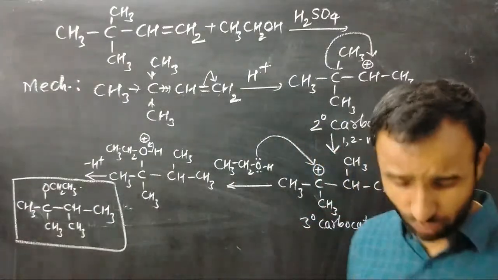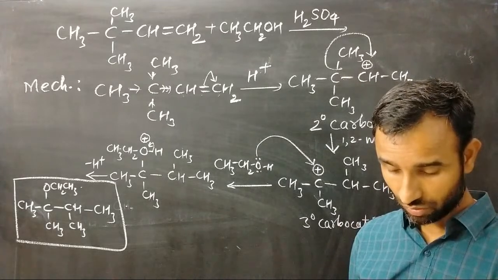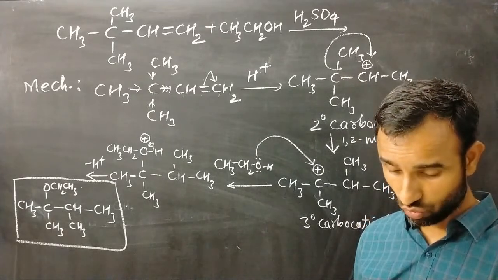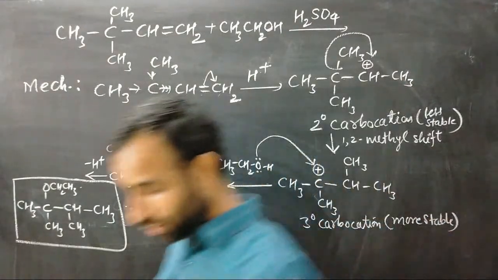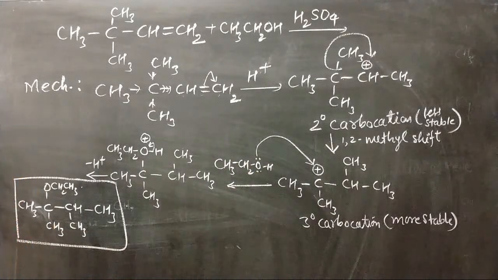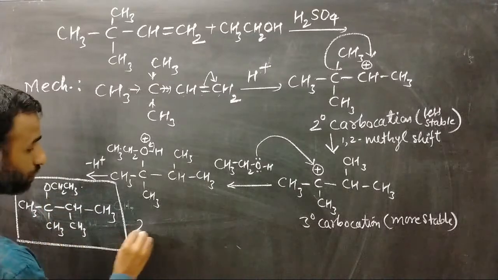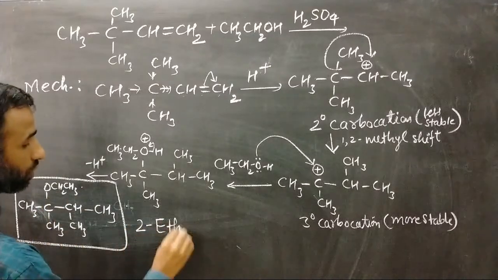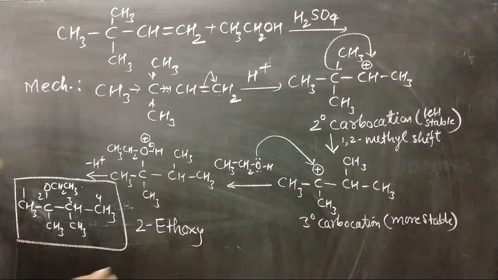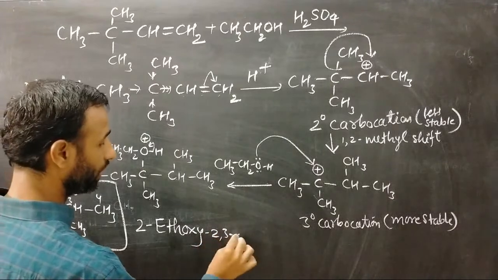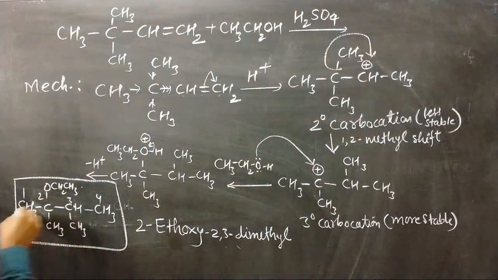Not able to write this IUPAC name? Okay, 2,3-dimethyl-2-ol, Saad. What is this? Okay, Vasant, just the order should be shuffled because ethoxy comes first. So it is 2-ethoxy, 1, 2, 3, 4. 2-ethoxy, 2,3-dimethylbutane.